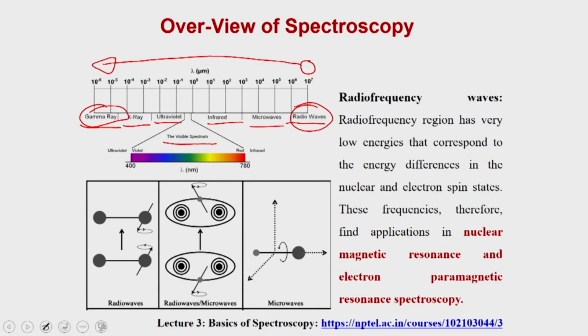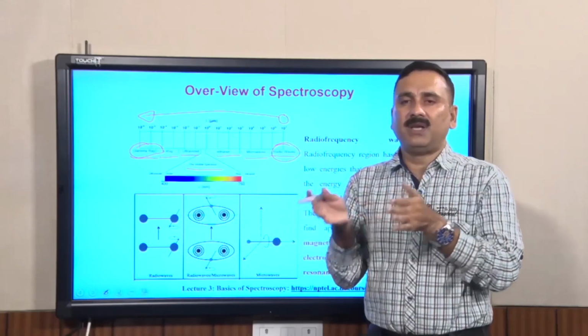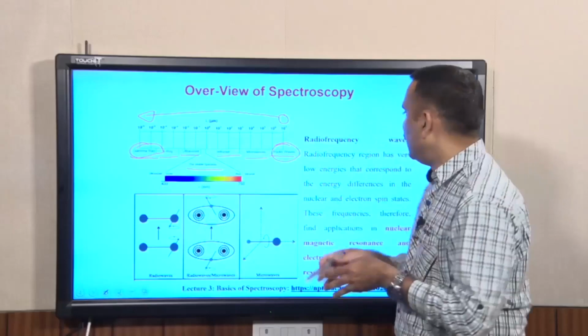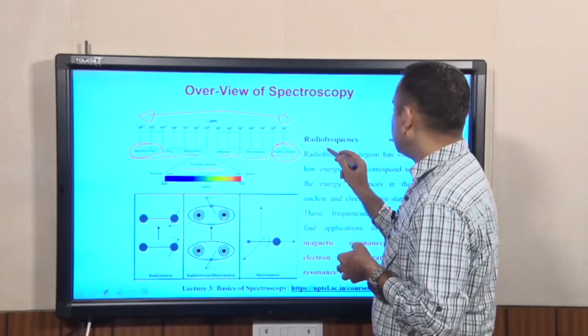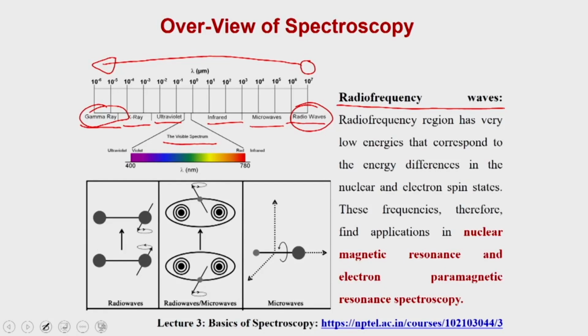And all these different radiations can be used to map the different molecular processes which are happening within the molecules. The first molecular process which can be mapped with the help of the radio frequency or the radio waves: the radio frequency region has very low energy that corresponds to the energy difference in the nuclear and the electronic spin states.